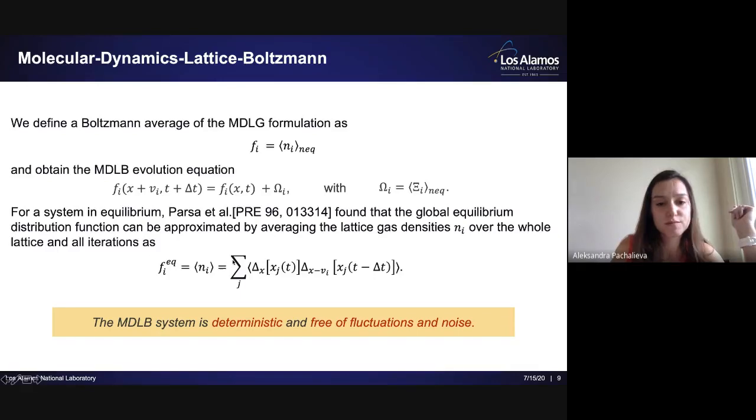Basically, it's obtained using an equilibrium distribution function, and we sum over all the positions where our particle went, and we find our occupation numbers and average over that. So MDLB, unlike MDLG, is a deterministic method, and it's free of fluctuations and noise. So we can look at it as a lattice Boltzmann kind of method.